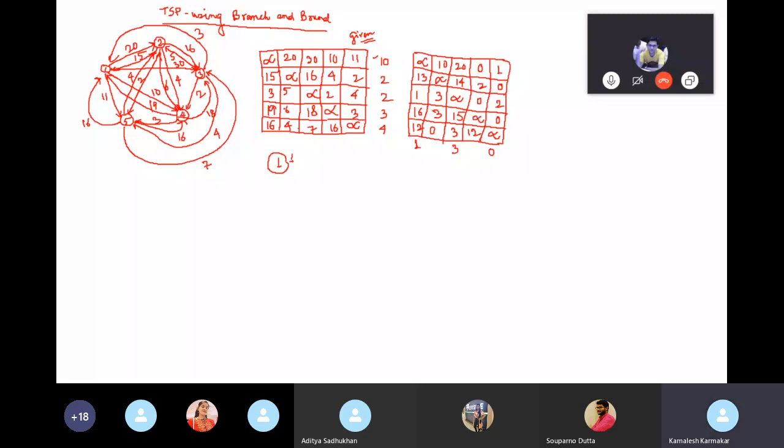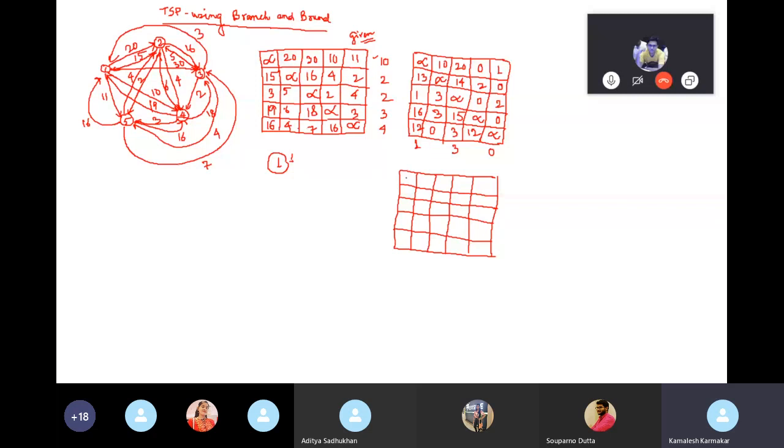Okay. So after this reduction, now eliminate these values from the column. If we eliminate these values from the column, then finally the reduced matrix will be, okay, what will be the reduced matrix?